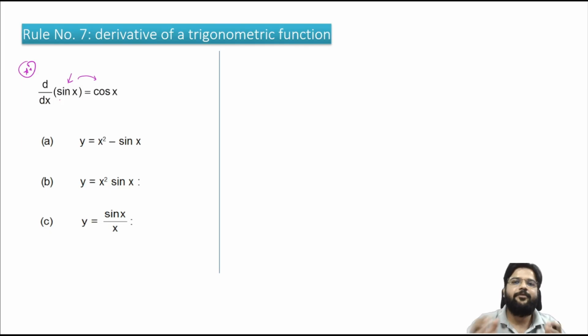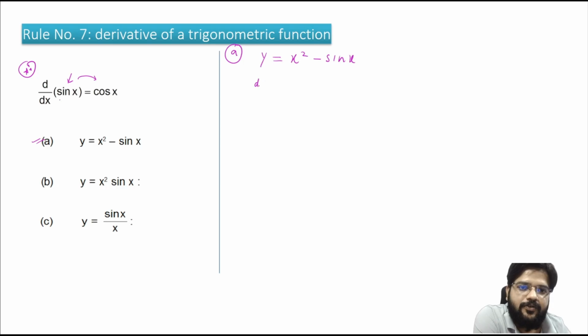Now see some examples, everyone. So here we have example number A, y equal to x square minus sin x. We want to do differentiation of this. So let's see what we will get. Here we have y equal to x square minus sin x, correct. So dy by dx, then we have x square as the first term and the second term we have sin x.